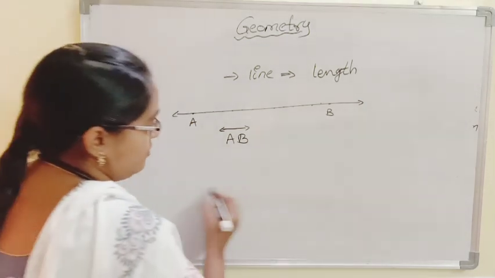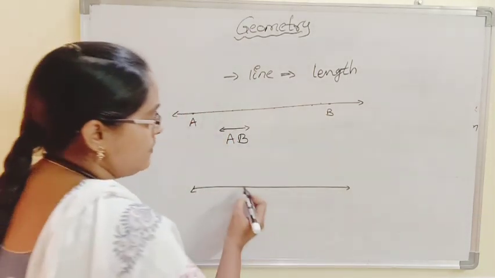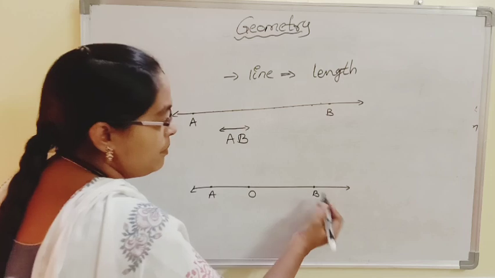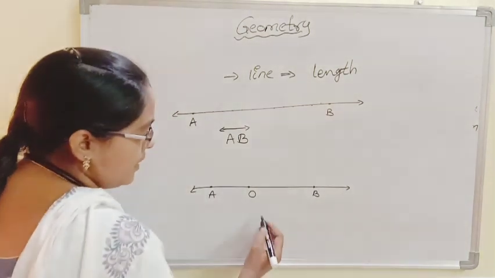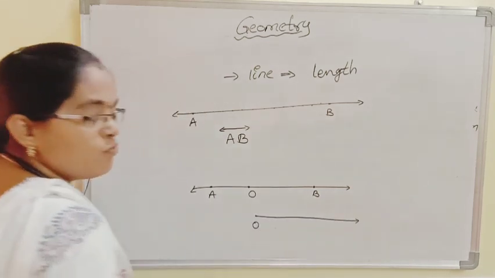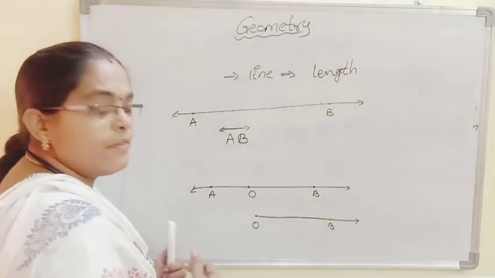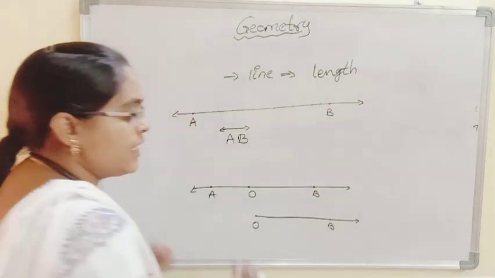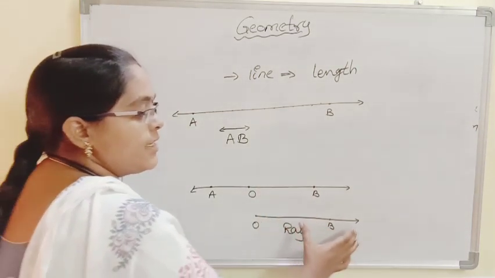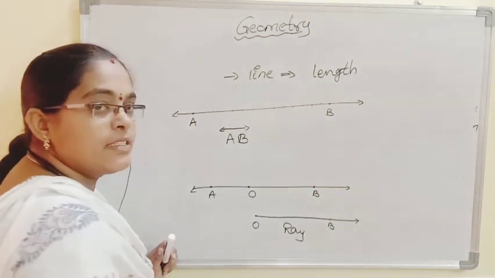So now again, see here we have a line which extends in both directions, and here I have a point O, and here I have another point B. So in this line I am taking only a part, starting from O. Here the starting point is O and any point on the line is B. Now see here, a part of a line which extends infinitely in one direction, only in one direction, we are calling a ray.